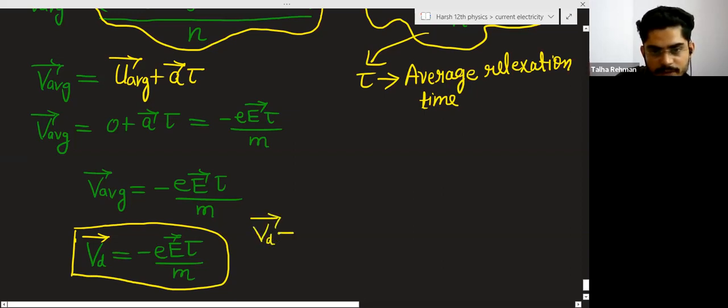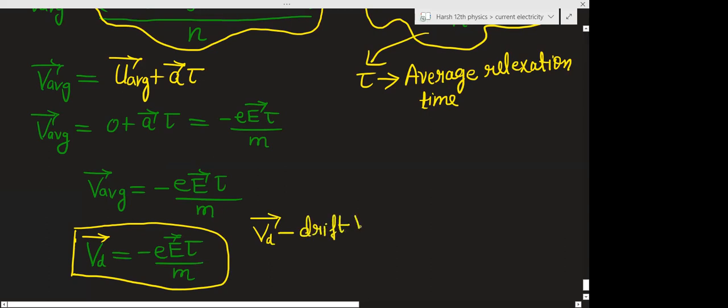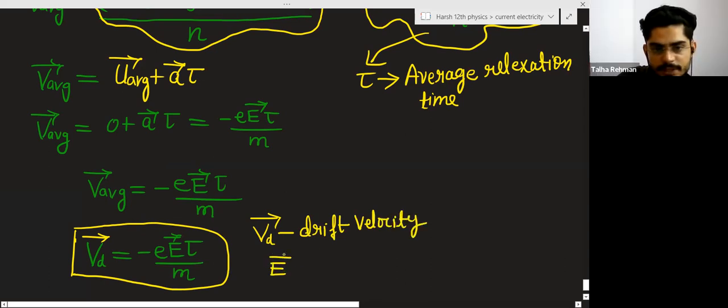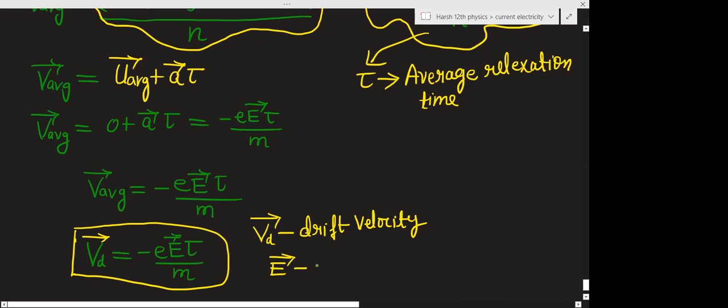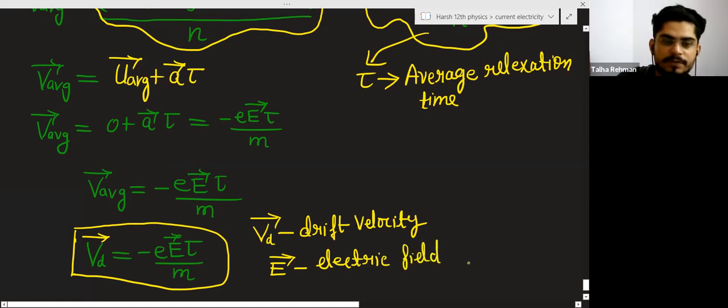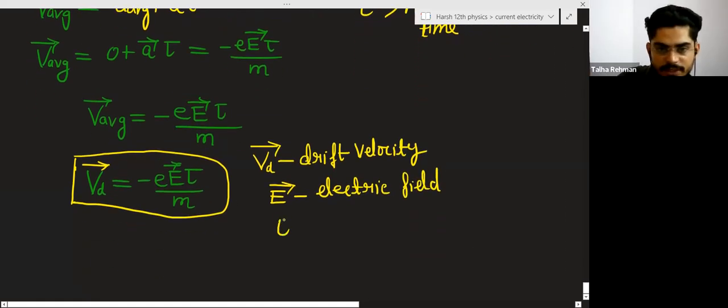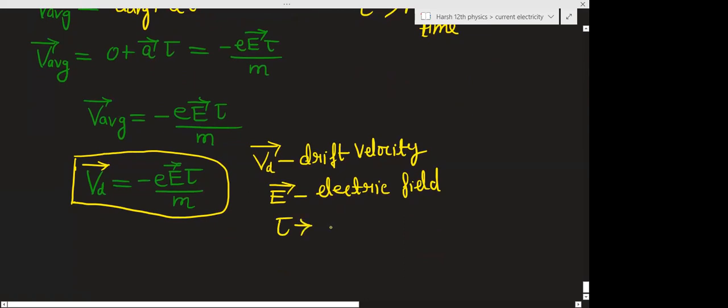Vd is drift velocity, E is electric field, tau is the relaxation time, and m is the mass of electron.